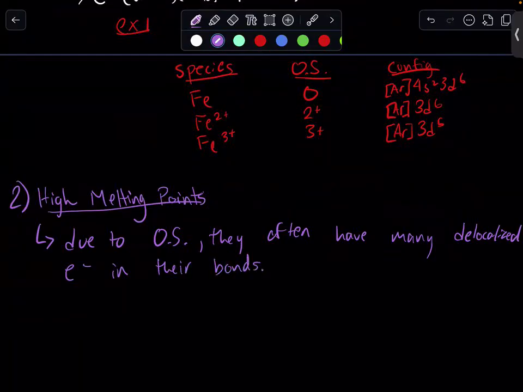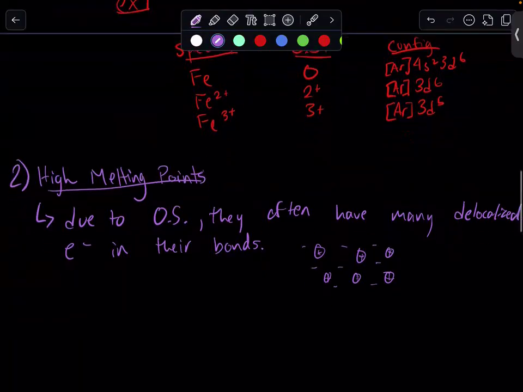So the way the metals bond to each other is we have a bunch of cations floating around, and this is a metallic bond, and they have a unique lattice structure. And then we have little electrons floating around in between them, holding it all together. And the more electrons you have, the stronger that bond.